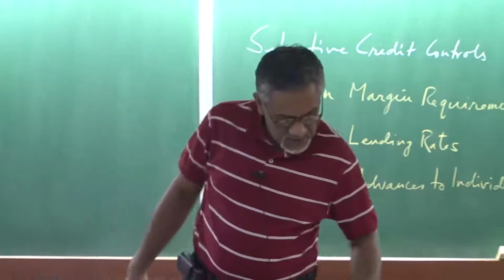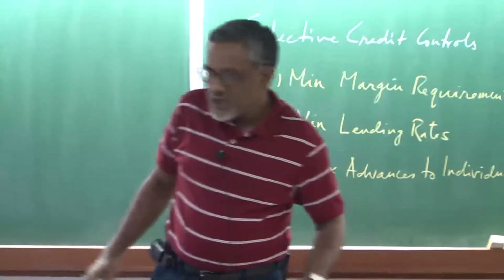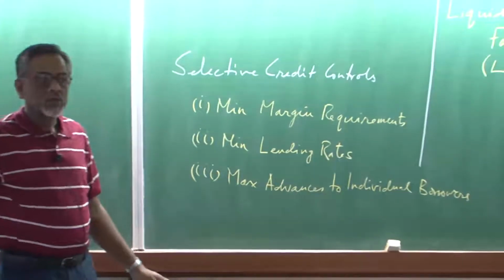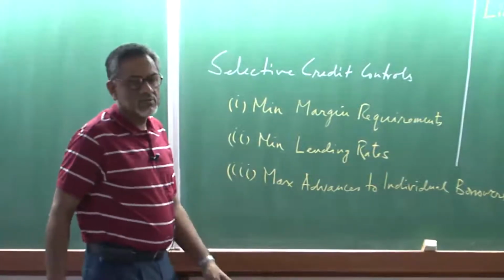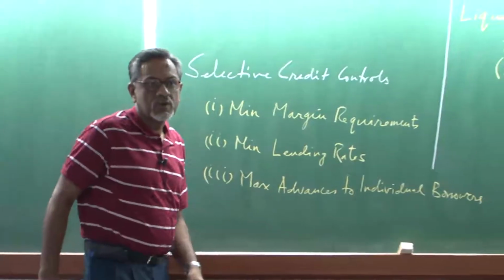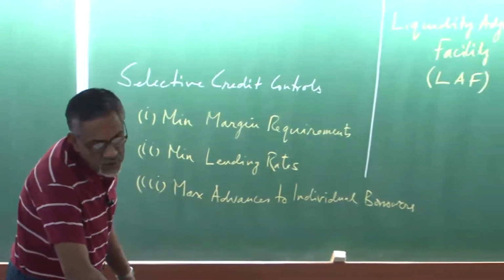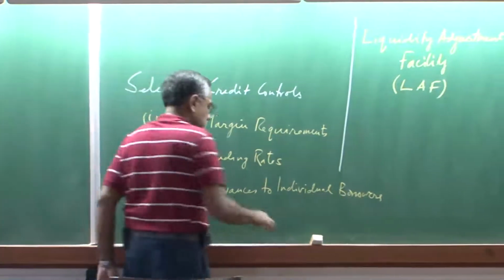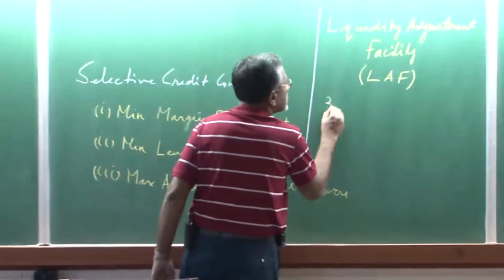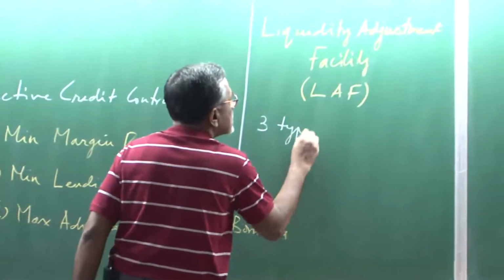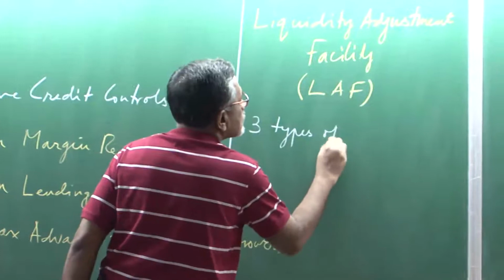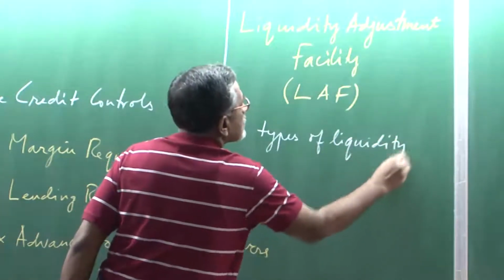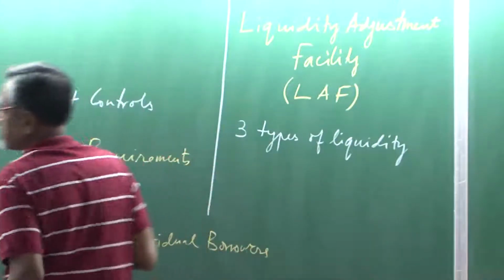This is LAF, liquidity adjustment facility. What is the basic concept? According to the banking industry or central bank, conceptually they deal with three types of liquidity.